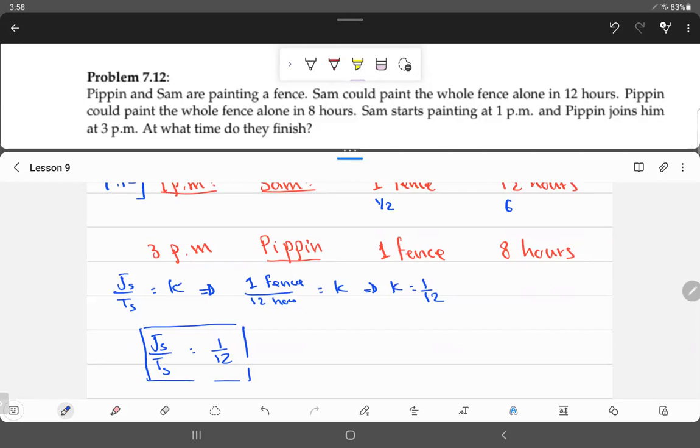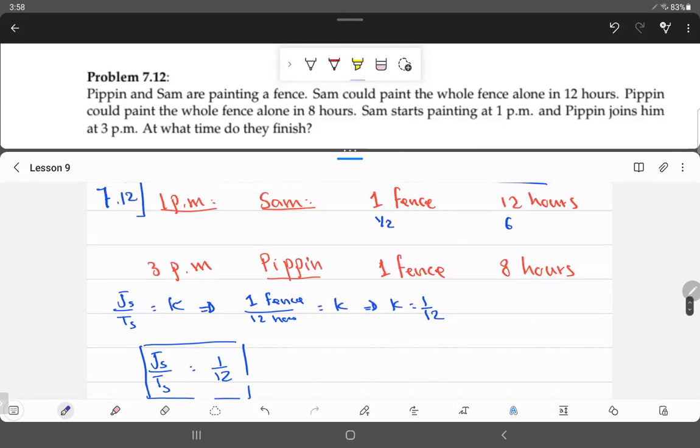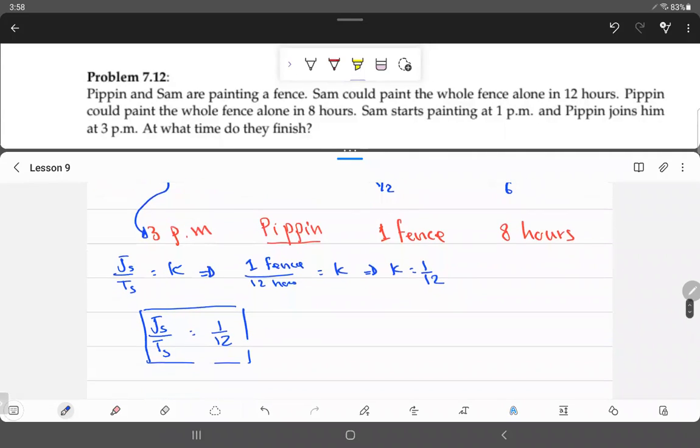Let's think about this. Sam already started at 1 o'clock, right? Let's first understand how much of the fence Sam has already painted until 3 o'clock. So from 1 o'clock to 3 o'clock, what is the time? 2 hours. Excellent. So from 1 p.m. to 3 p.m., we have 2 hours.